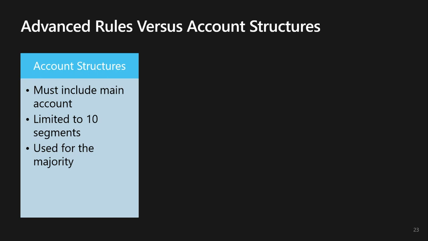The account structure is also limited to 10 segments in addition to the main account. And your account structure should be used for most of your allowed combinations, and your advanced rules should be used for the exceptions.